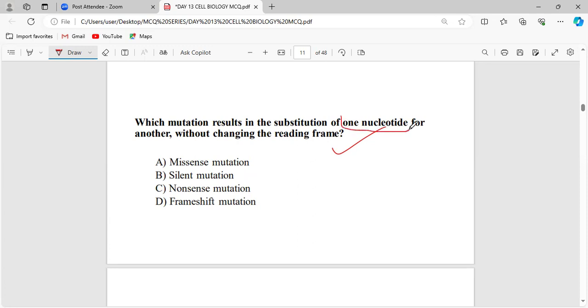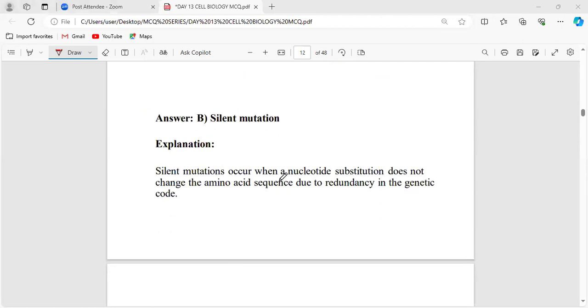Here, one nucleotide has been replaced by another nucleotide. Okay, and the reading frame does not change. Here, what is the type of that mutation? Is it a silent mutation? Yeah.